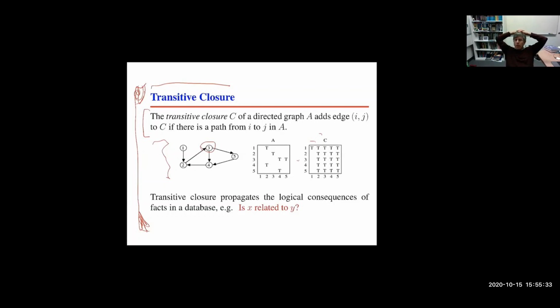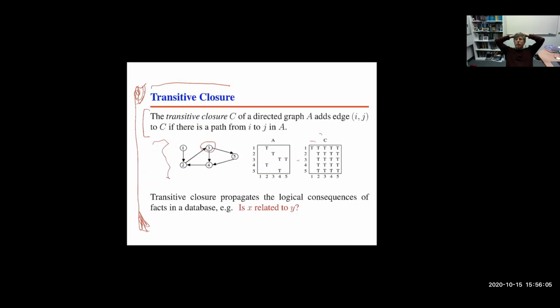Can anybody show me? Floyd's algorithm, remember, gave us the all-pairs shortest path matrix. Transitive closure is going to tell us something is true if there is a path between i and j and false if there isn't. If the shortest path is infinity, then there's no way to get from i to j. The shortest path is infinity, you say it's false, and otherwise you say it's true. Everybody agree with that?